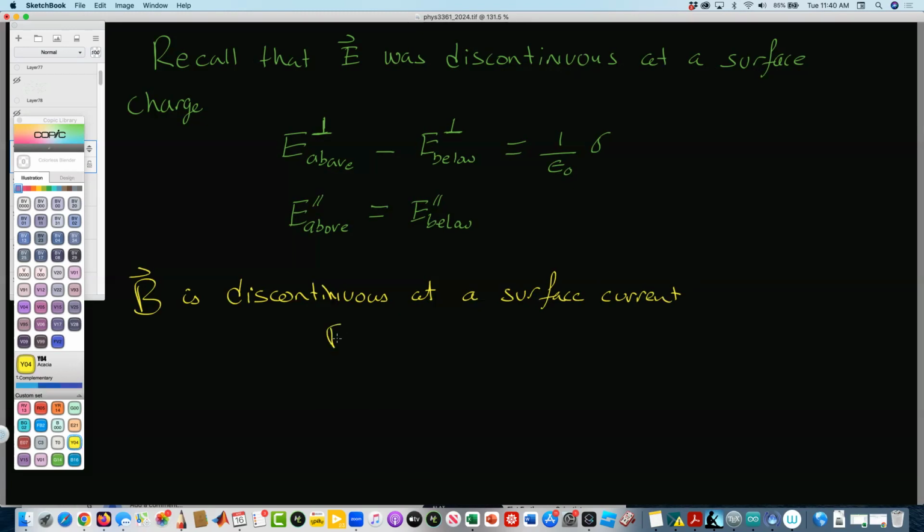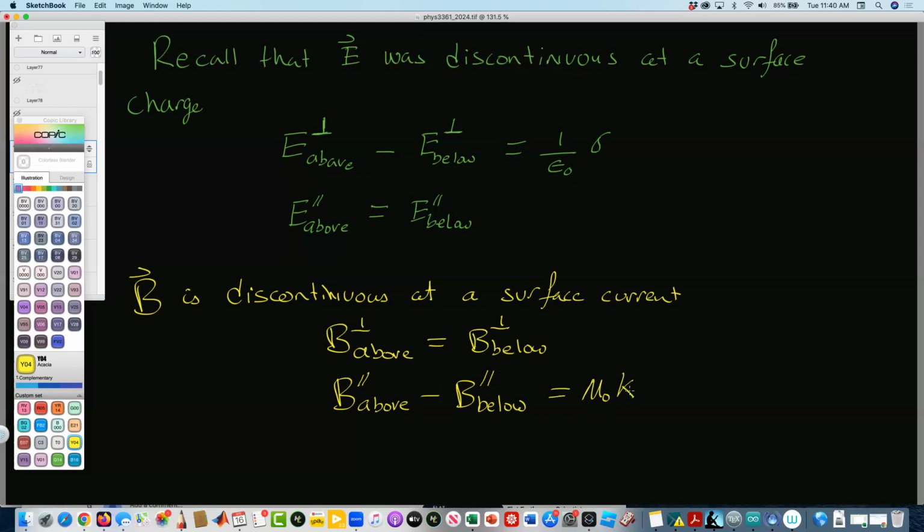So the perpendicular components above and below are equal, not discontinuous. It's the parallel components that have a discontinuity, proportional to the surface current K.